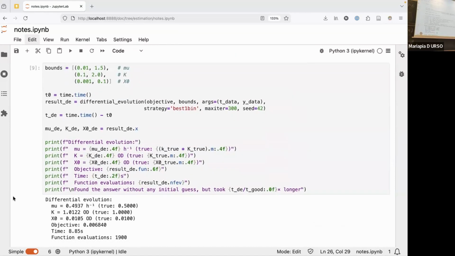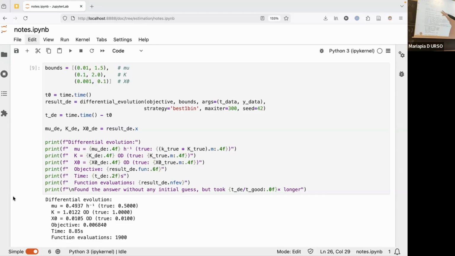Again, this is something that has been implemented in SciPy, so we can just take that. Again, we imported that a bit up. And here we don't actually need initial guesses because there's a population of them, but we do need to provide some bounds for each of the parameters.